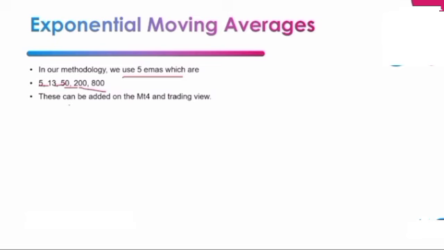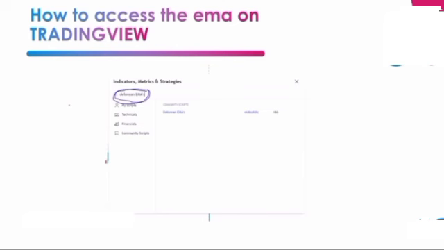I'm sure there are a lot of traders who love to take their trades on the TradingView platform. So here's how to access the EMAs on TradingView. You may just type in the DeLorean EMAs like this on the indicators and pick this one. It will actually give you all the indicators that we need for the market maker method.